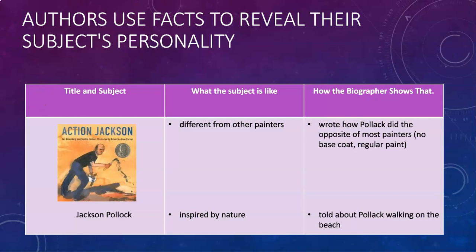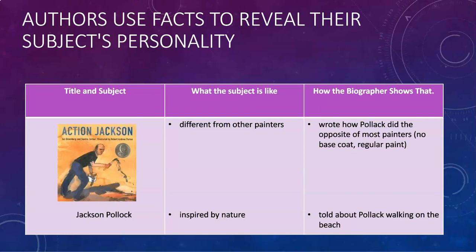Let's use a handy-dandy little chart to organize those two examples and see how this all ties together. In our chart, we're examining the fact that authors use facts to reveal their subjects' personalities or motivation. So in Jackson Pollock's case, I know that he's different from other painters and that he's inspired by nature because the biographer shows me that by writing how Pollock did the opposite of most painters, like no base coat.